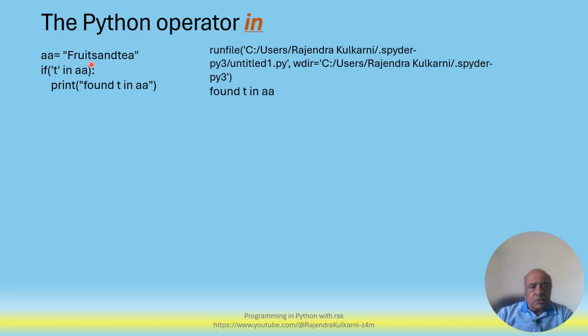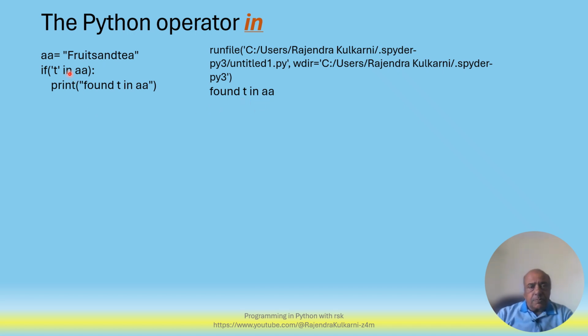There are two T's here, but what we get is only one output because in traverses the string till the first occurrence of the desired character, and as soon as that character is found, the traversing stops and the output is displayed.